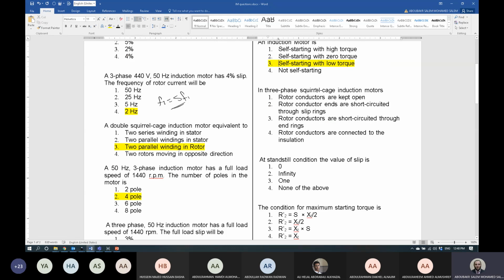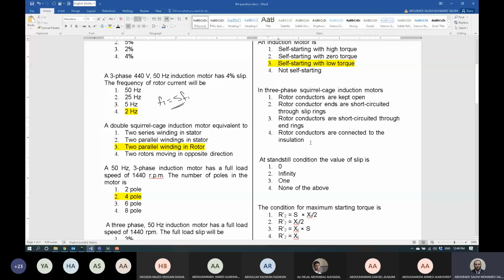In 3-phase squirrel cage induction motors, are rotor conductors kept open, or rotor conductor ends short circuited through slip rings, or rotor conductors short circuited through end rings, or rotor conductors connected to the insulation?